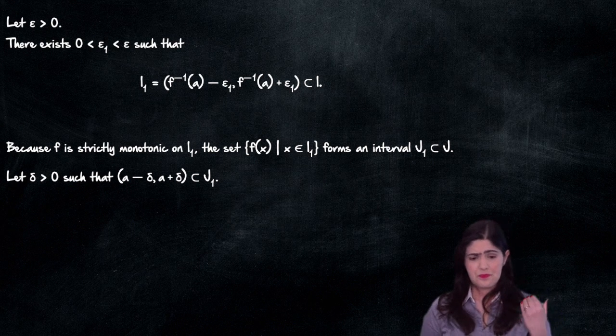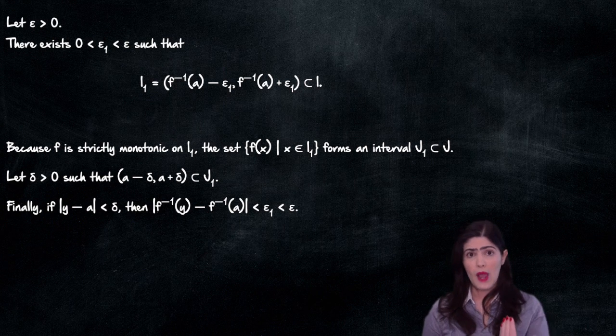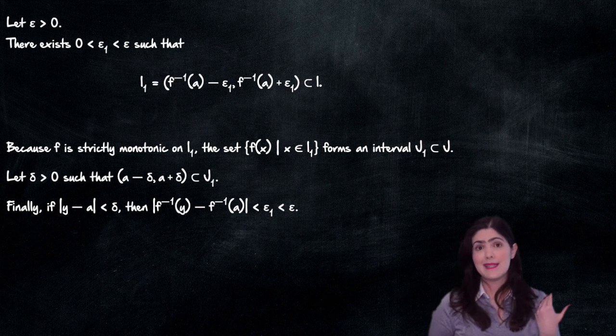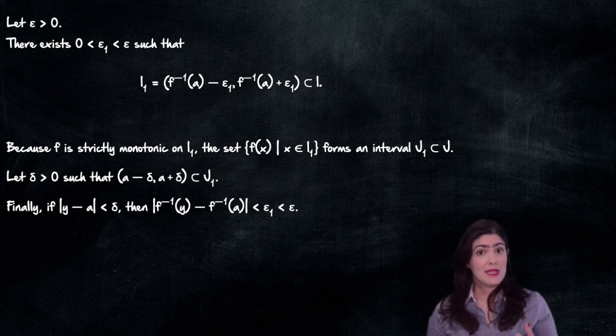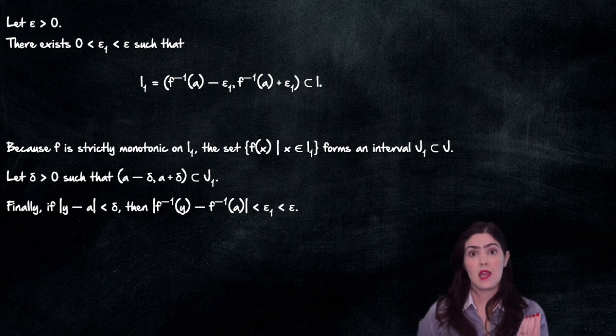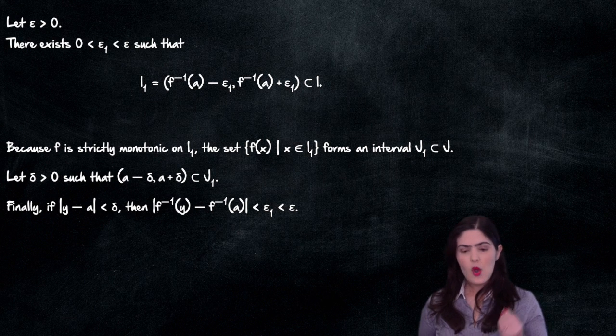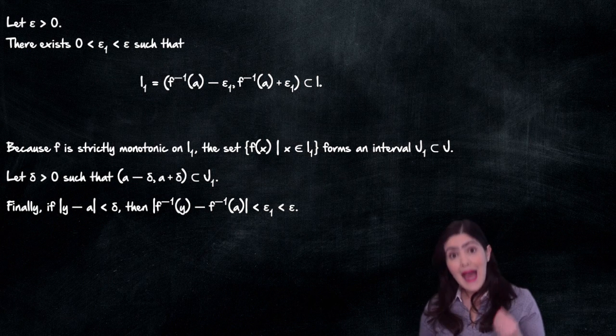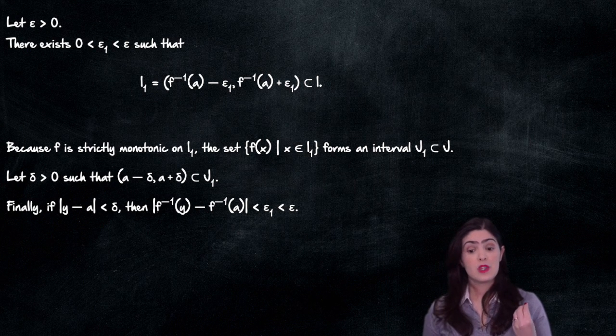Because if I pick a point y whose distance to A is less than delta, that means that y is in the interval A minus delta, A plus delta. That means also that y has to be in the set J1.